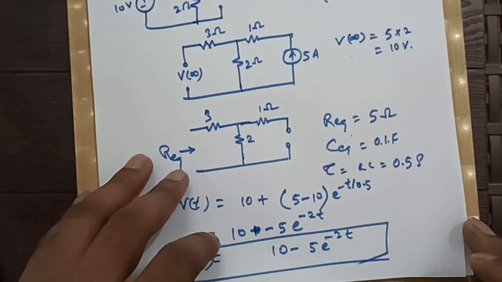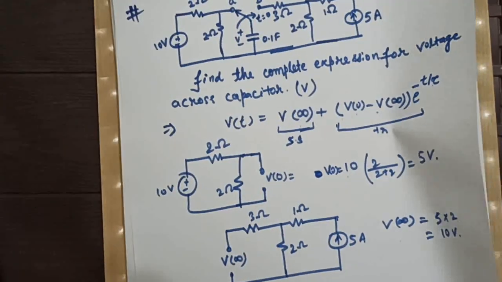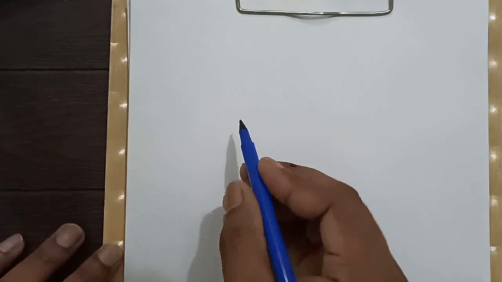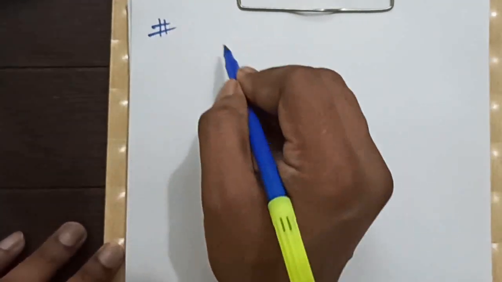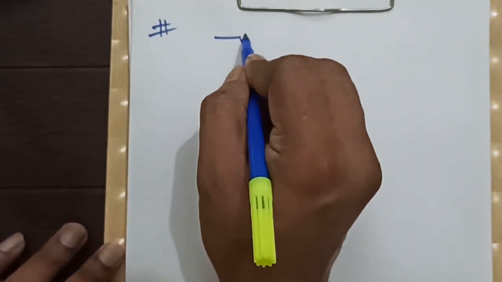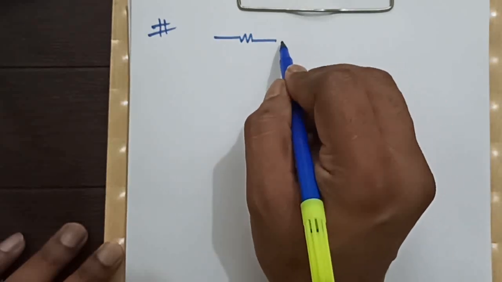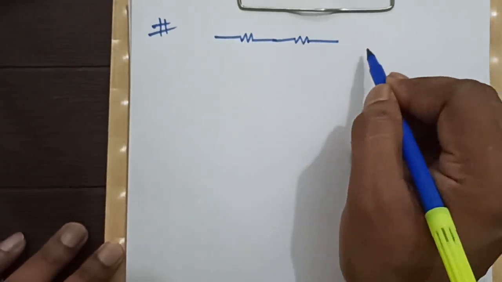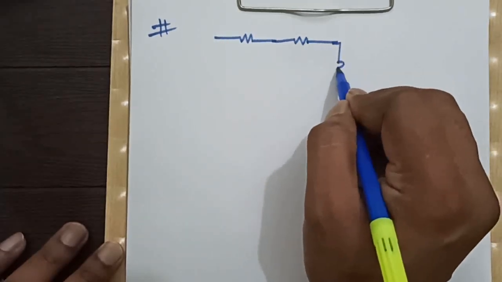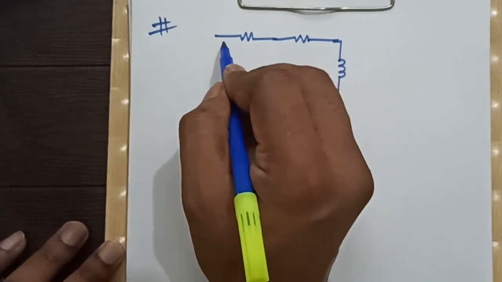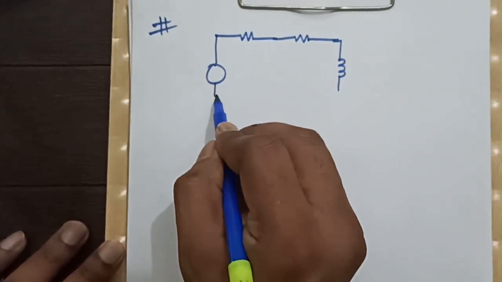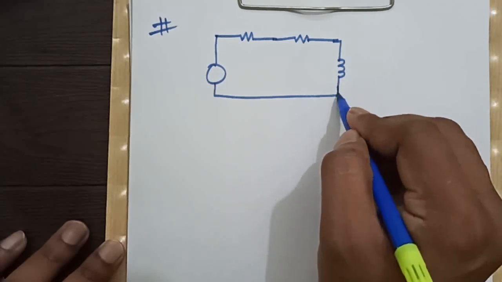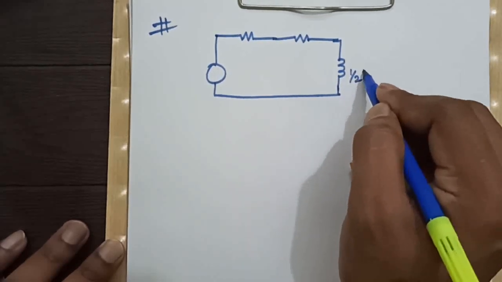Now let us take another example. Consider this circuit. A 2 ohm resistor, a 3 ohm resistor, inductor, a voltage source. This is half Henry.